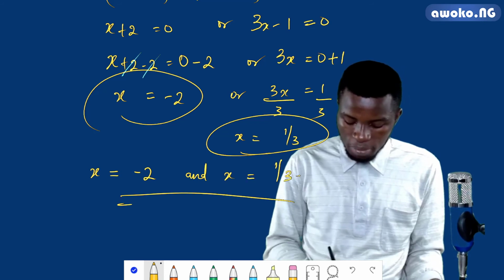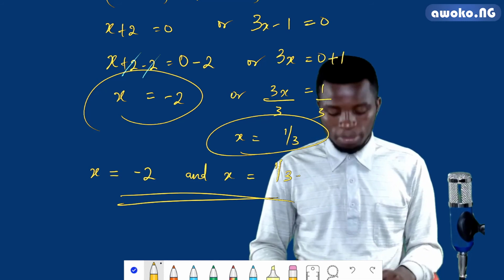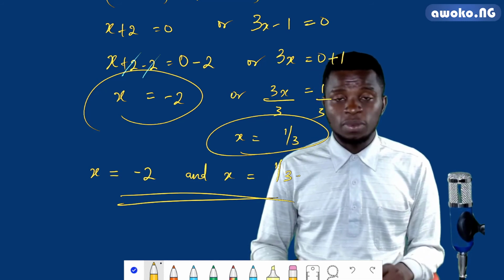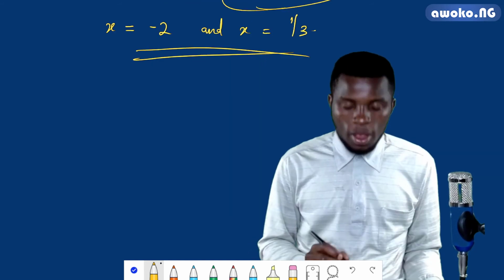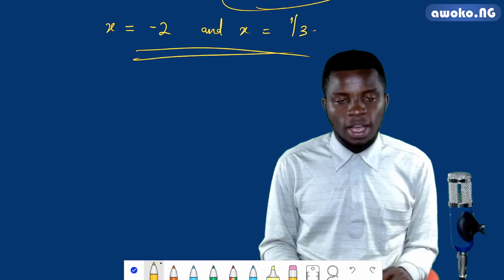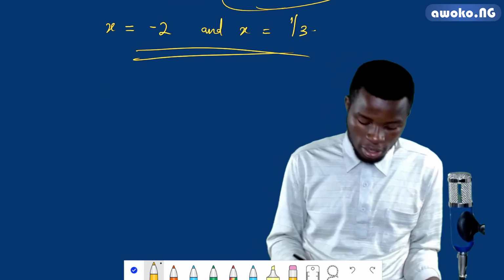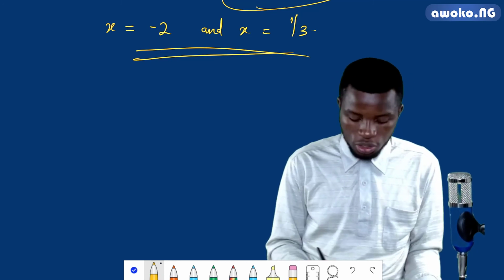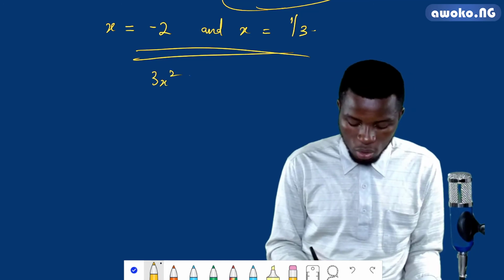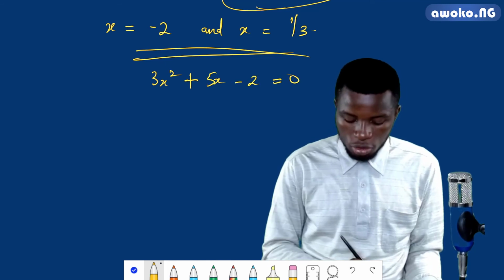This simply implies that if I put the value of x as minus 2 and 1 over 3 in the original equation, I'm going to get the value of 0. So let us check if these are actually the roots of the quadratic equation. From the initial equation, we have 3x squared plus 5x minus 2 equal to 0.